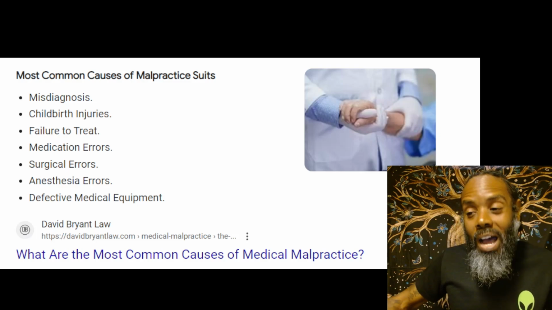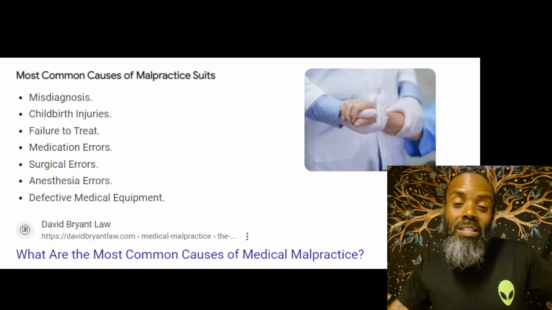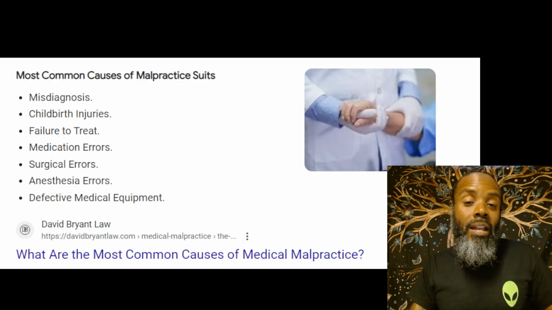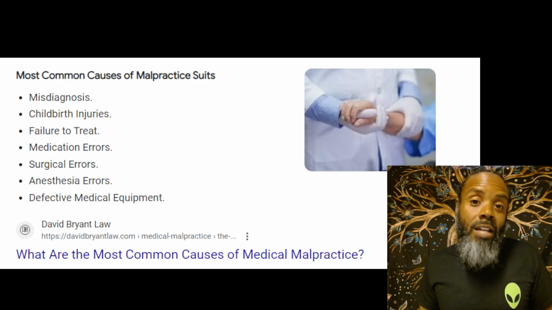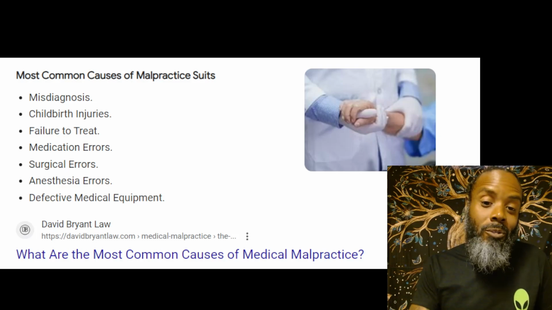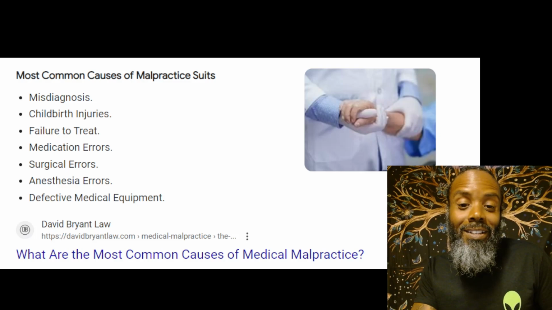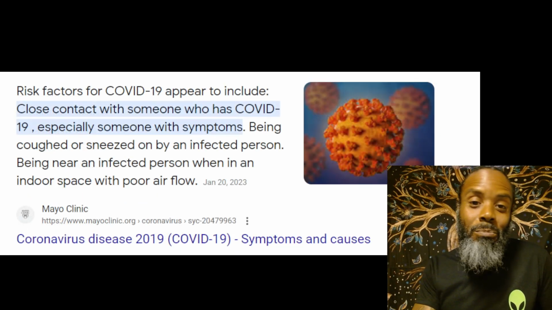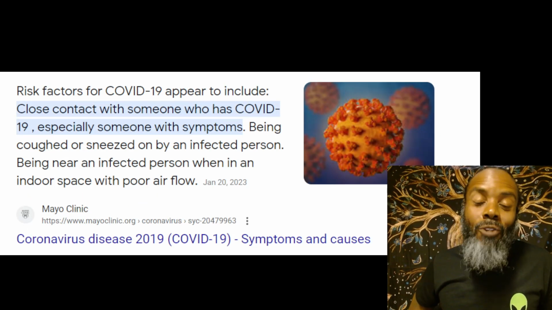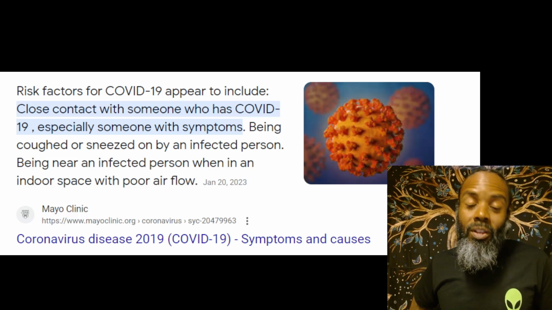So you go to the doctor, they give you a diagnosis, they tell you this is what's wrong with you, and then that's not even what's wrong with you. Man, I could spend a lot of time on this, just bashing this quackery. But let's move along.